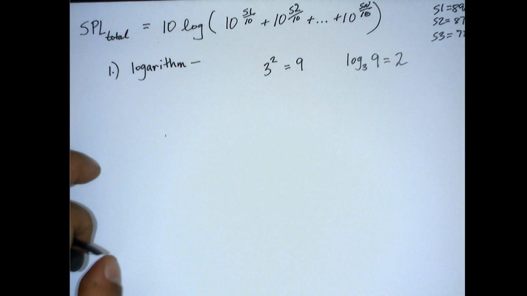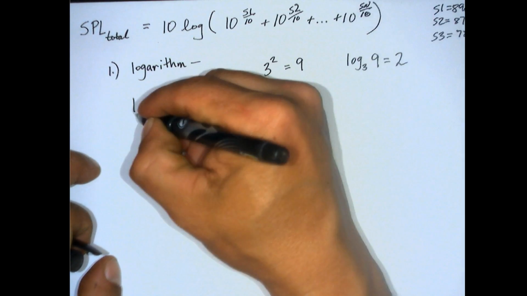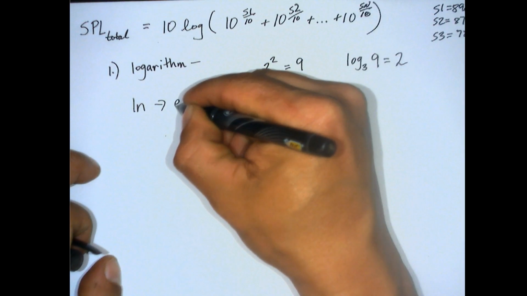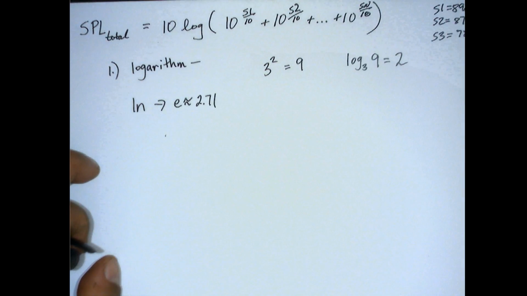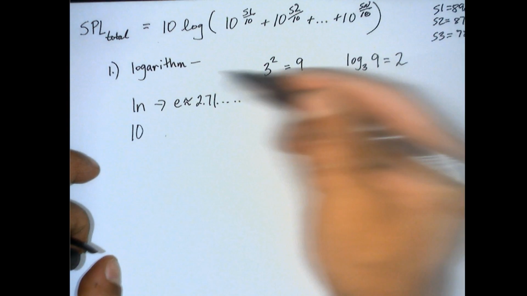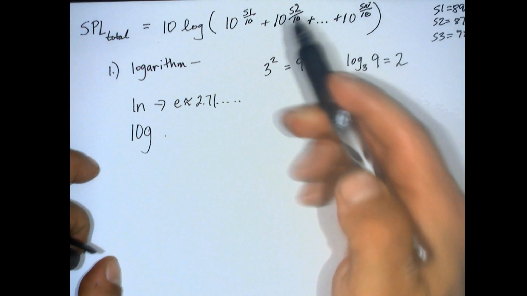So there are 2 basic logs. There's the natural log where the base is e, which is approximately 2.71, Euler's famous number. And then a log without a number down there implies base 10.